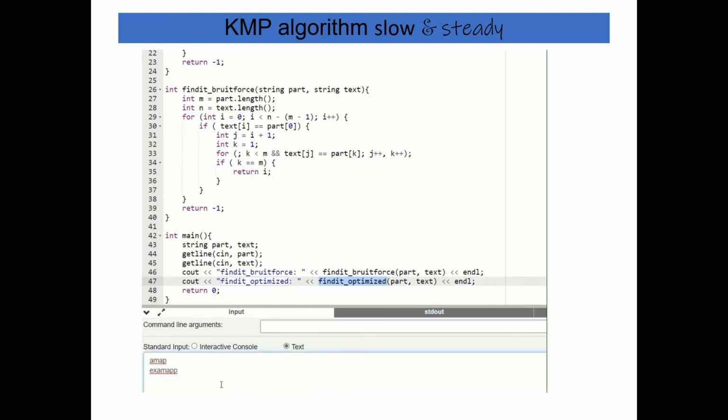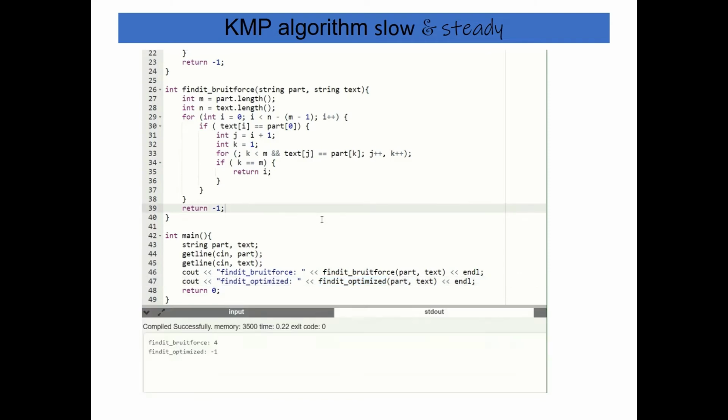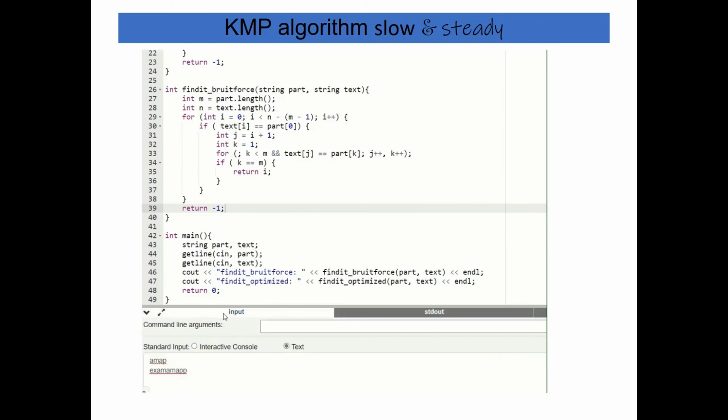Now let's try to put in a bit of a repetition here like the last time. So we have exam app, instead we say exam app, and see what happens. So we should be having a partial match here.